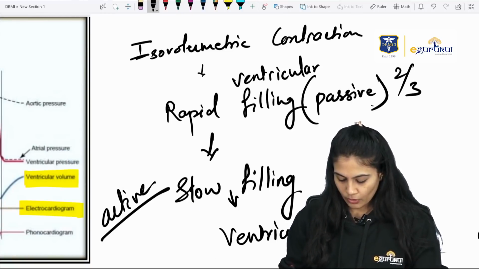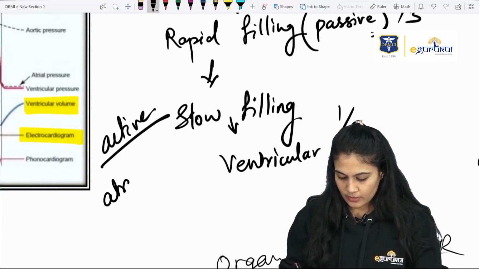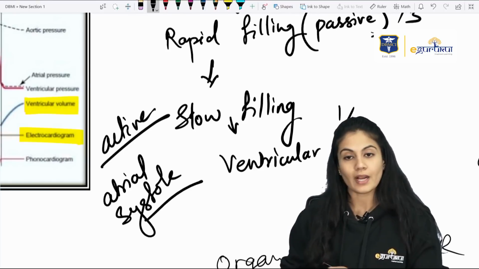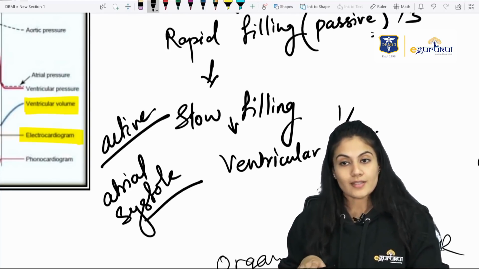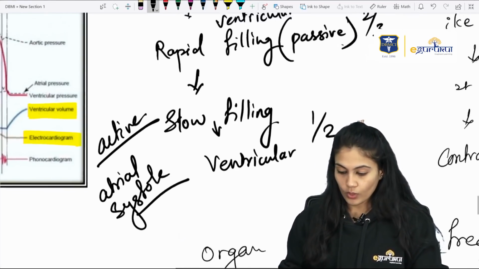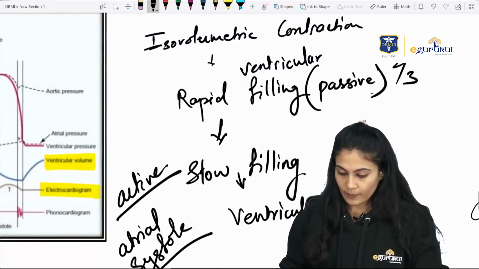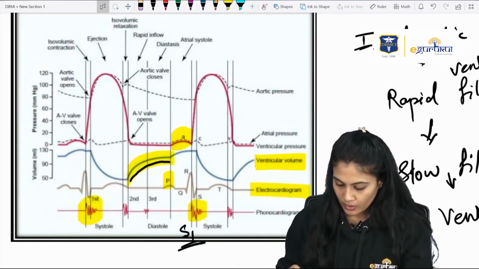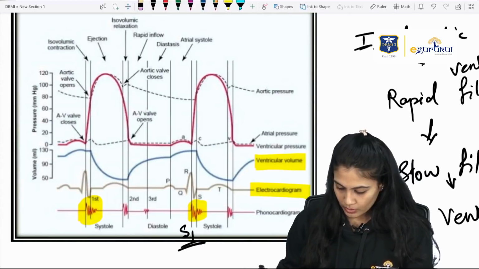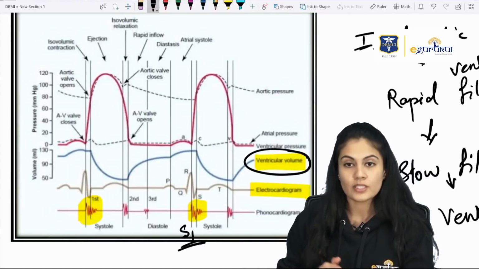Active, why active? Because the atrial systole is there, means the muscle is contracting and filling the ventricles. That's why it is known as active, because the muscle is working over here. So the rapid ventricular filling, we can justify with this diagram, that the volume is increased in two phases.